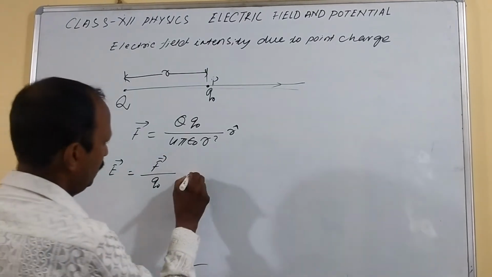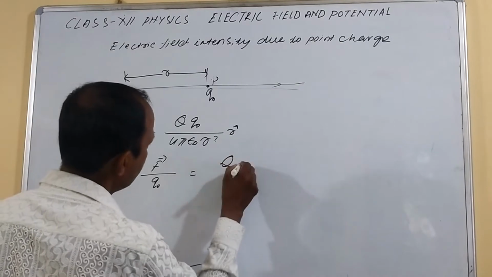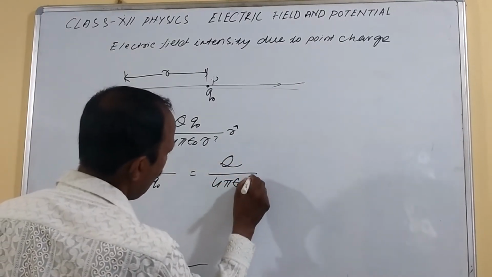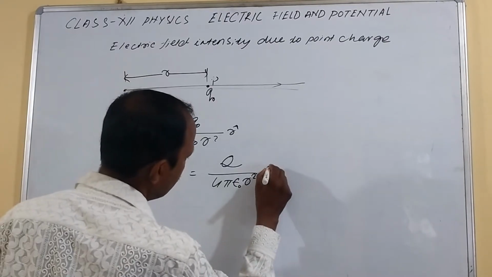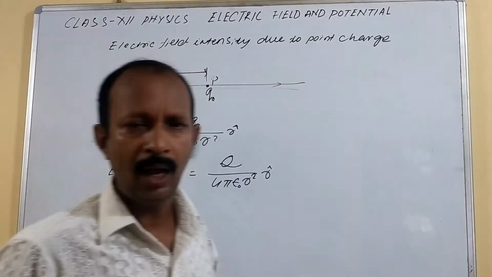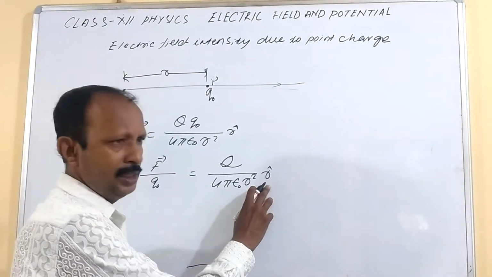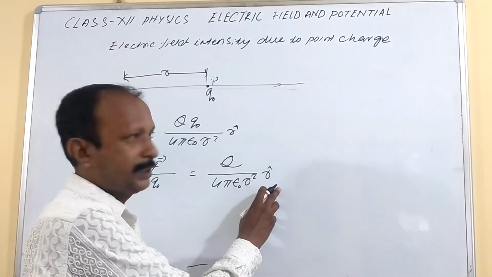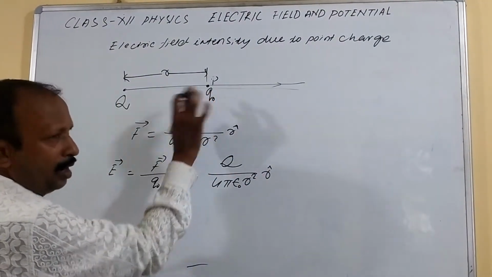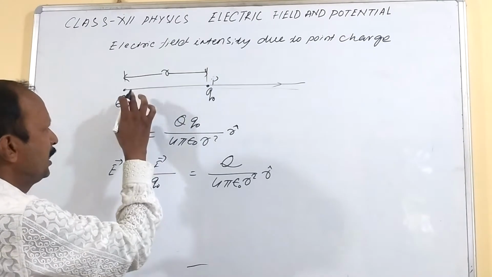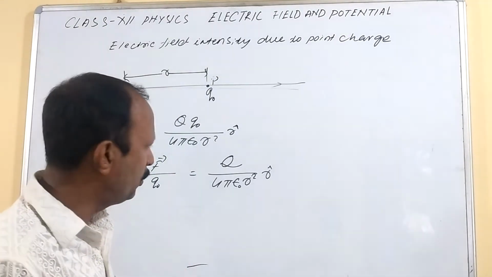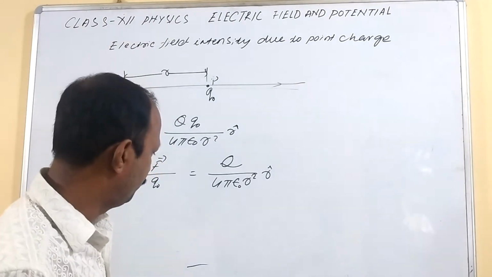I can write this is equal to Q upon 4 pi epsilon naught R square, times the unit vector R along the line joining Q and Q naught. It is outwards if Q is positive and inward if Q is negative.